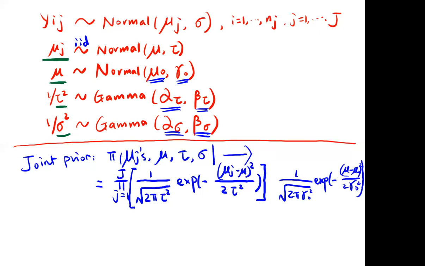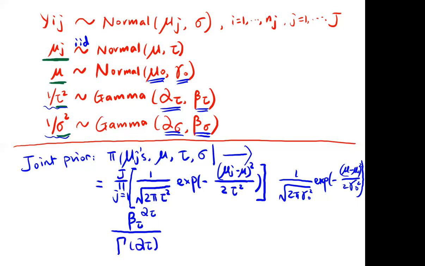Okay, so what's the gamma for 1 over tau squared? You notice that we're working with the precision. So whenever you write it, you can just write 1 over tau squared as the random variable, and then put in all of the terms. I do have to look at my notes because I don't remember. It's beta tau to the power of alpha tau divided by gamma of alpha tau.